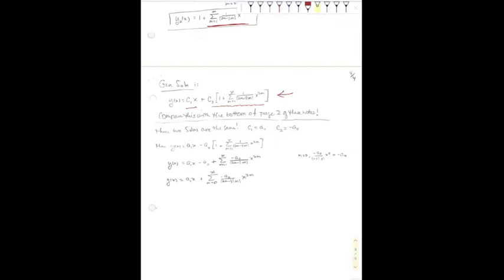So as it turns out, what I've shown you here is that we could do a power series expansion, or we could do reduction of order given one solution, and get to exactly the same place.